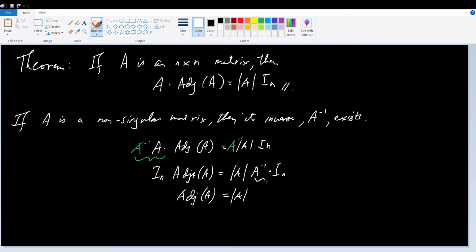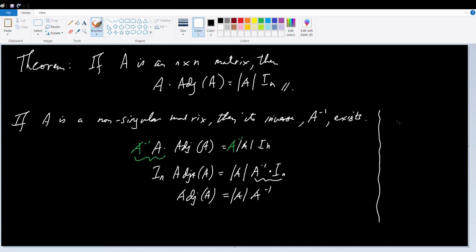A inverse times A is the identity matrix, A to the negative 1.